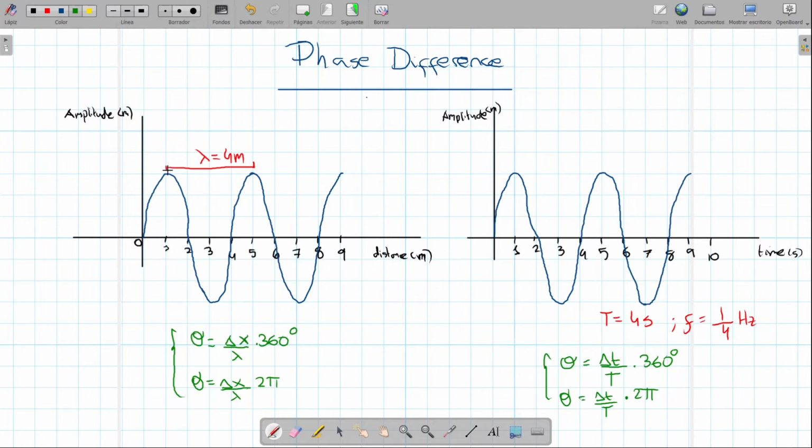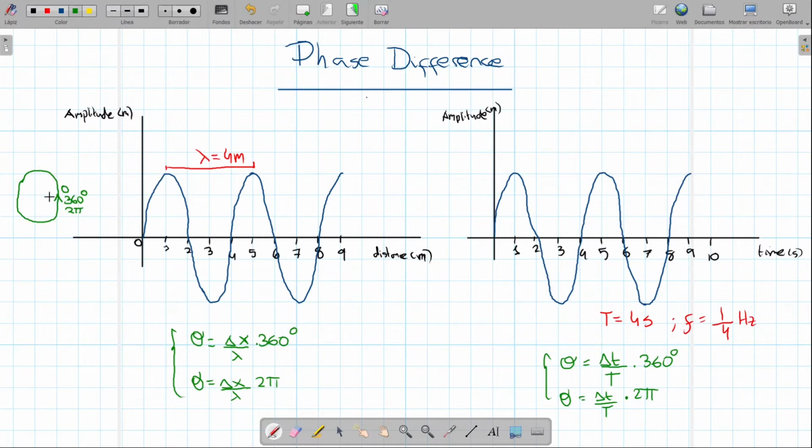The first thing that you have to understand is that when a wave does a complete oscillation, for example here from point 0 to point 4, we can consider it similar to a circle doing a complete circle. That's in degrees 360 degrees or 2 pi.